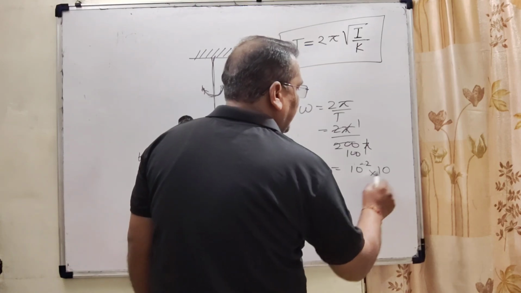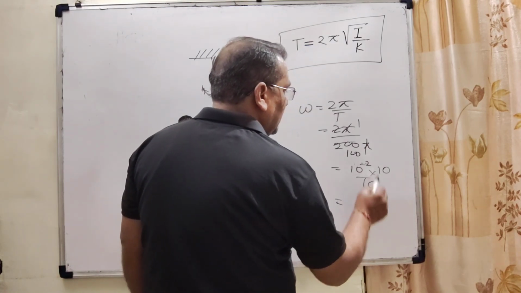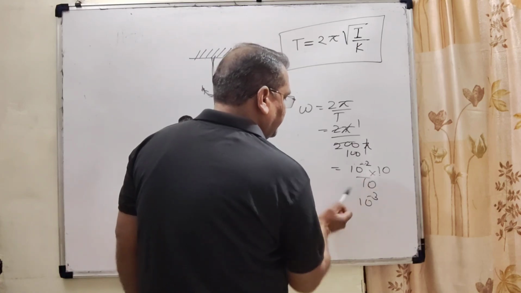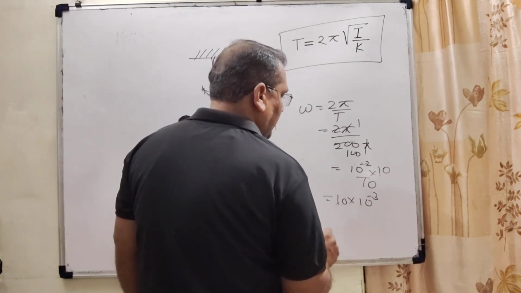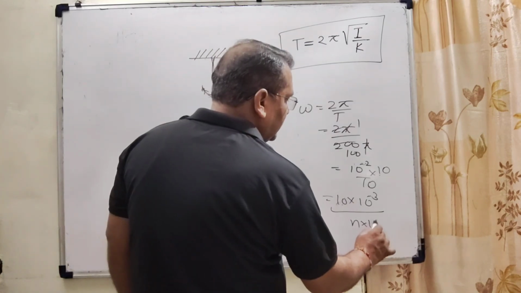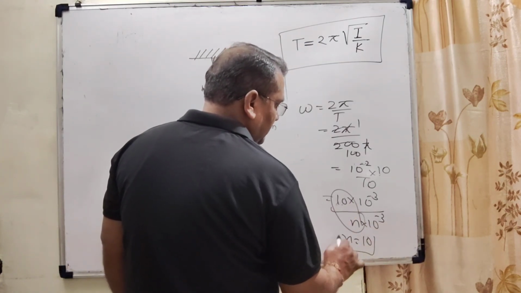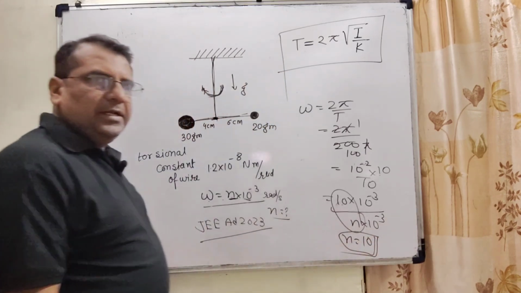Multiplying and dividing by 10, we get 10 × 10^-3. Comparing with n × 10^-3, n = 10. It is the correct answer.